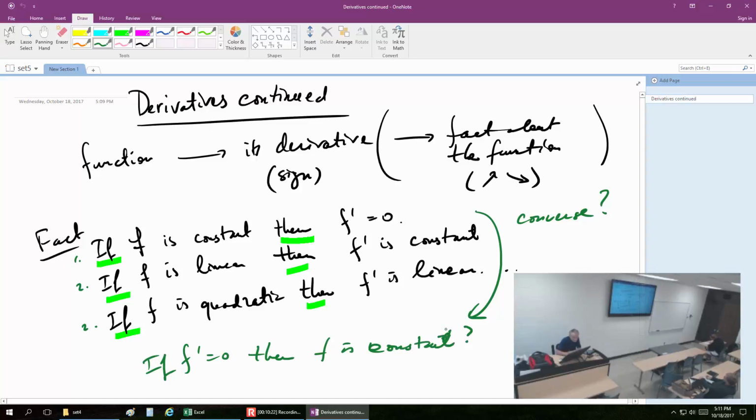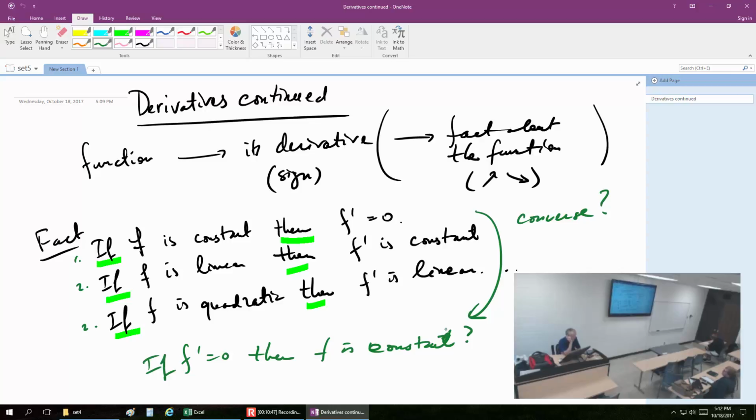So is it true or false? Remember that sometimes the converse is true, sometimes it's not. Fermat's theorem is the last one that did not have the converse true, on the other hand the Pythagorean theorem has its converse true.